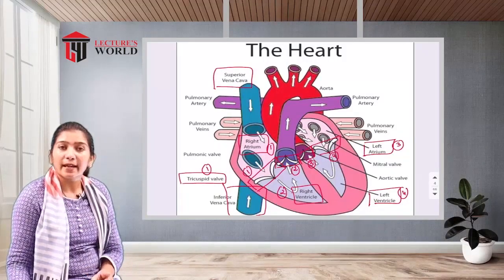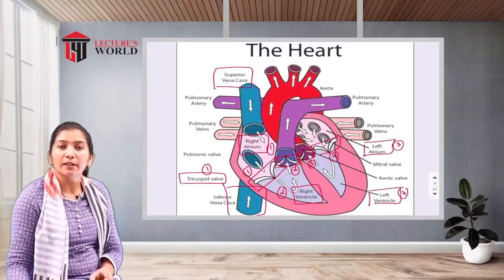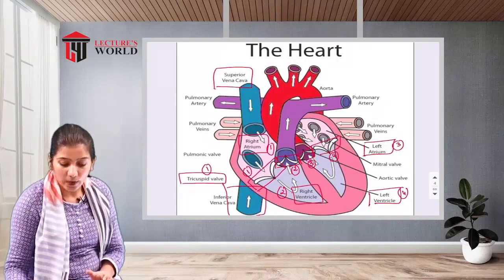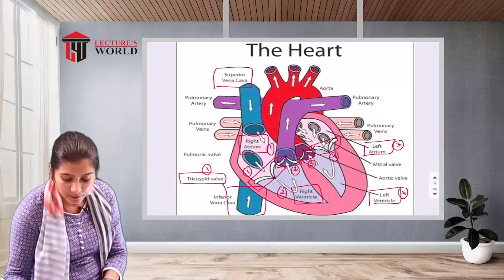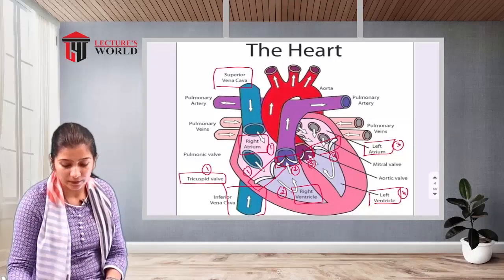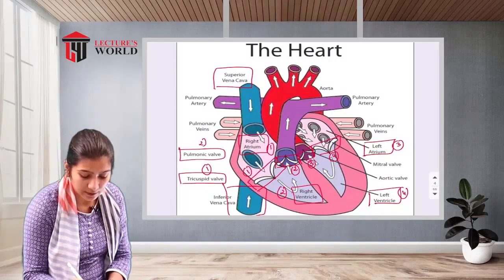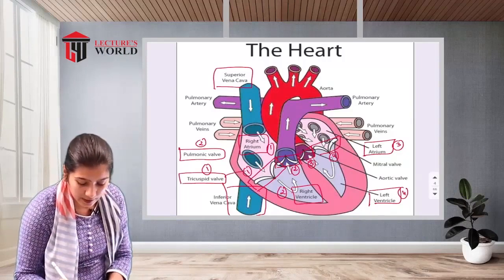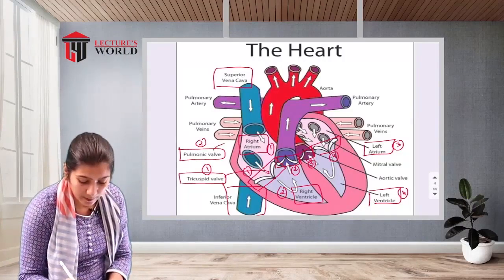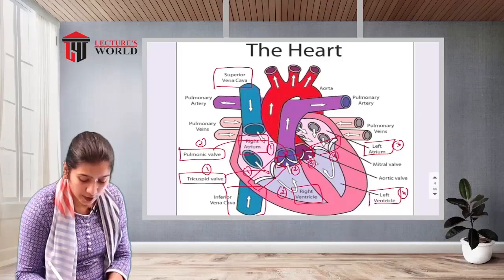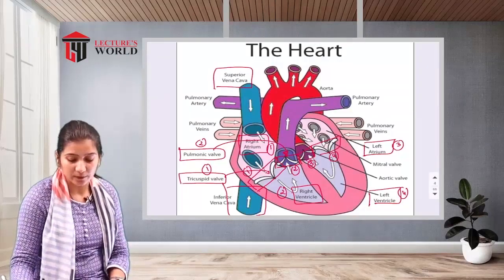Now the second valve is present at the right ventricle. That is known as the pulmonary valve. So this is the pulmonary valve, the second one. This is the tricuspid valve. This one is known as the pulmonary valve.